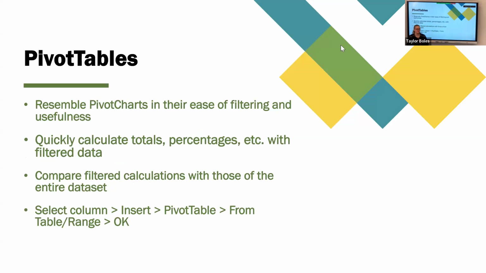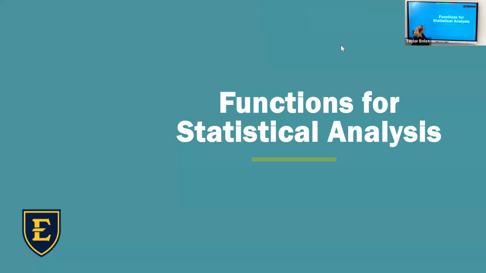You guys are welcome to play around with that, or we can continue to follow along with the presentation. If anybody doesn't have the slides or the Excel, we can send it out. Just send us a message and we can resend it if anybody didn't get the materials, if you want to play around with the data. So we're going to talk about some functions for statistical analysis next.